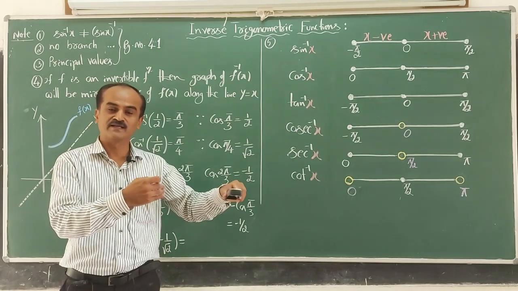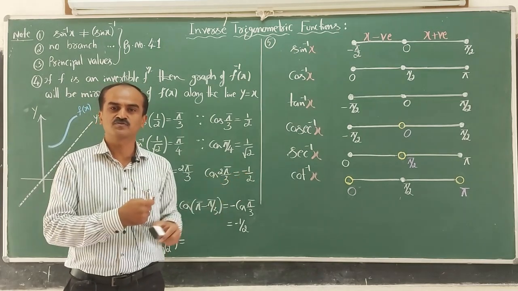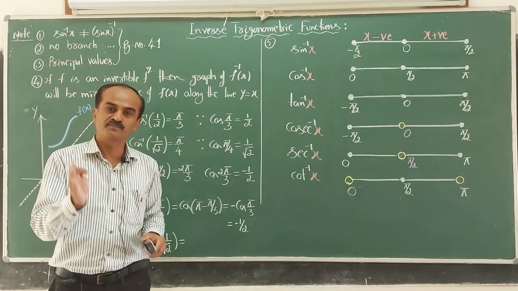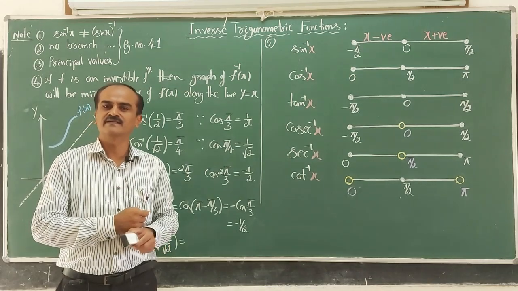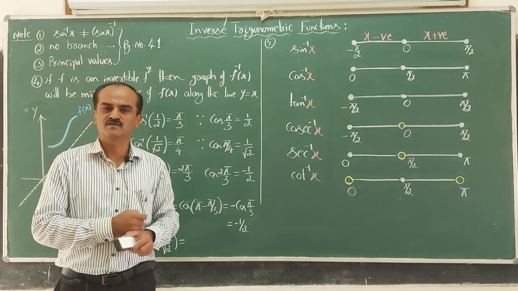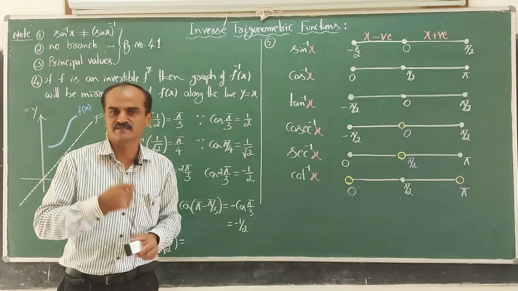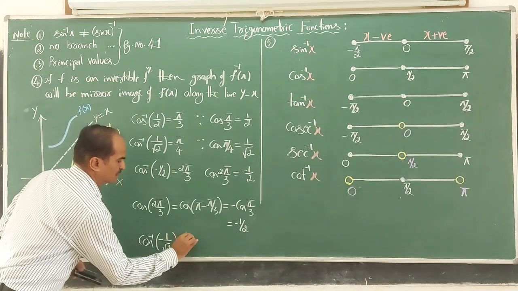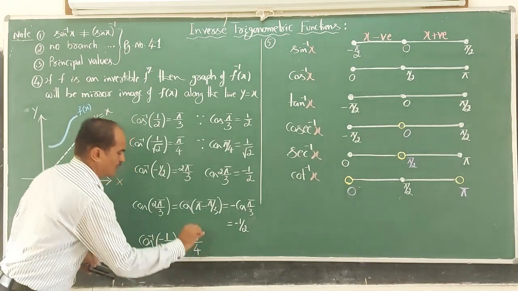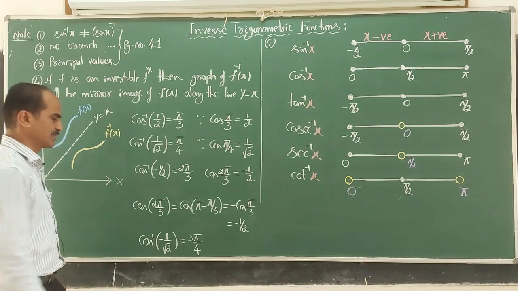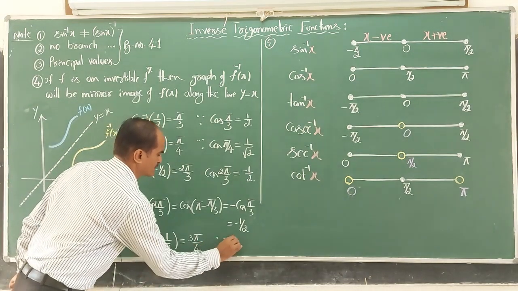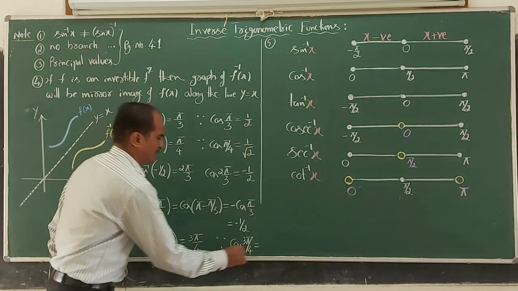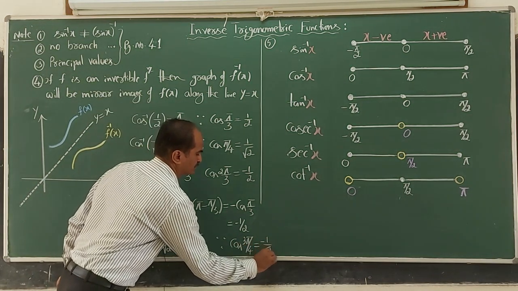So think of an angle in the range pi by 2 to pi. How to choose that? Cos pi by 4 is plus 1 by root 2. Cos of pi minus pi by 4 definitely ends with minus 1 by root 2, because cos of pi minus theta is minus cos theta. So how much is pi minus pi by 4? 3 pi by 4. So I can write cos inverse of minus 1 by root 2 is 3 pi by 4, because cos 3 pi by 4 will give us minus 1 by root 2.